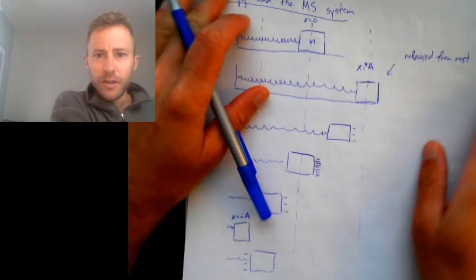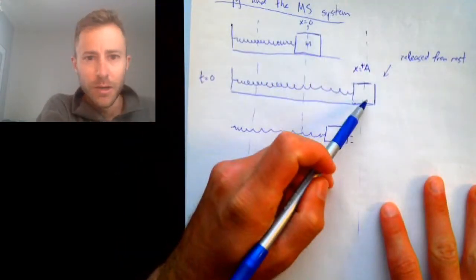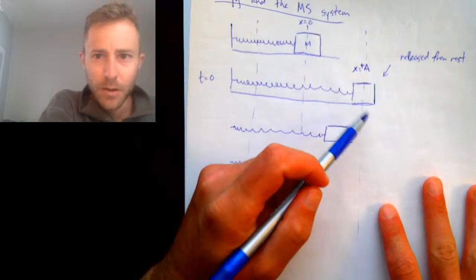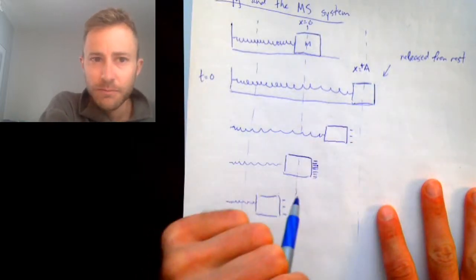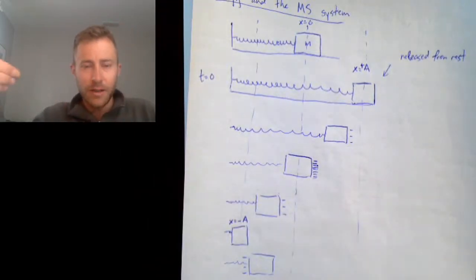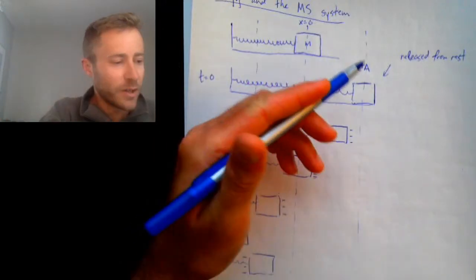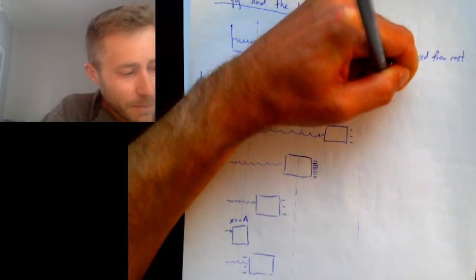So let's think about this moment right here in the motion. At this moment, it's released from rest, because you just pulled the mass back and you let it go. Because it's released from rest, its velocity is 0.